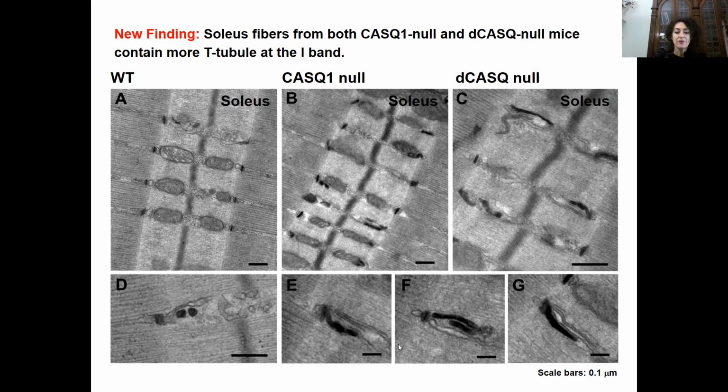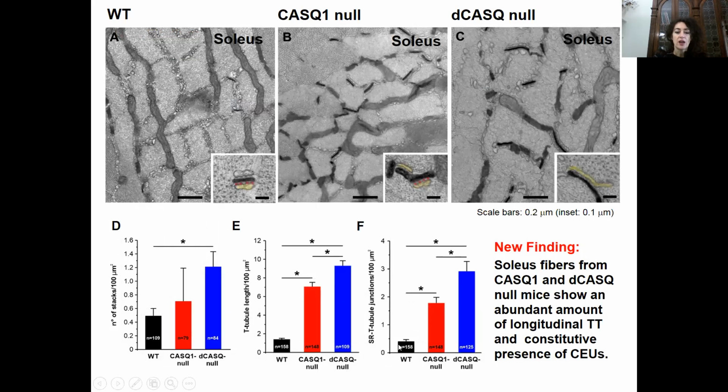We quantified the elements that form functional calcium entry units: number of stacks, the extension of the transverse tubule, and number of SR-T-tubule junctions, all significantly more abundant in fibers of calsequestrin knockout animals. Actually, in double knockouts, more than in calsequestrin 1 null.